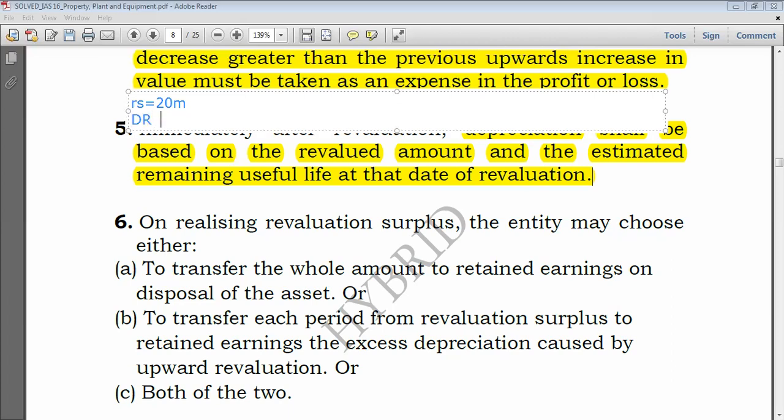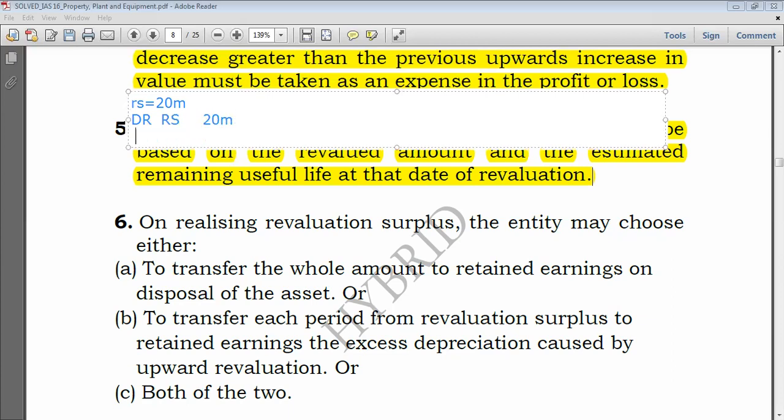So I will debit that revaluation surplus in full by 20 million, and then I would have to credit the retained earnings by 20 million again. That means I move that revaluation surplus from the revaluation surplus reserve to retained earnings. That means actually I realize it. So that's what I would have to do.